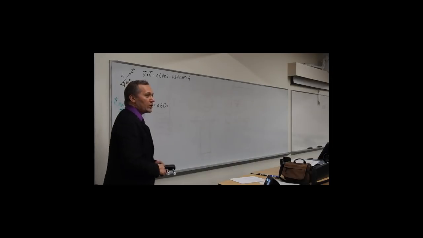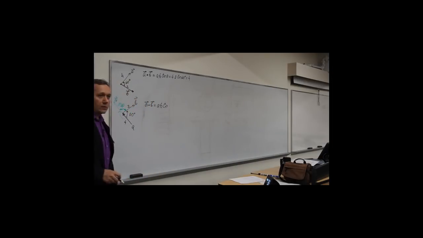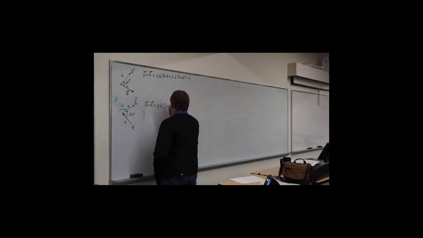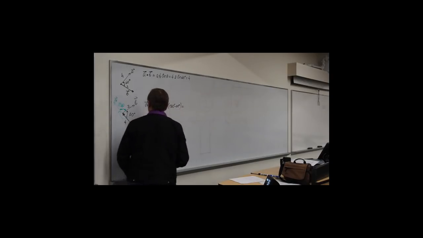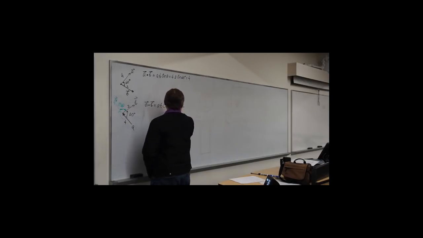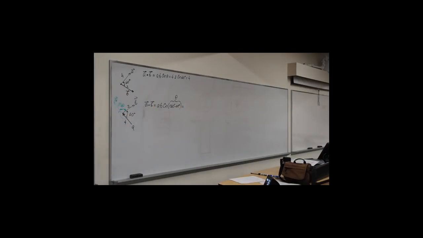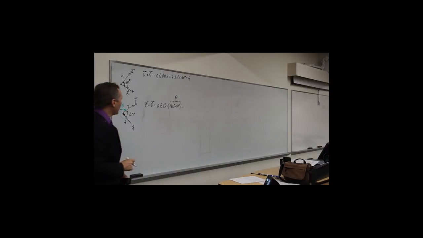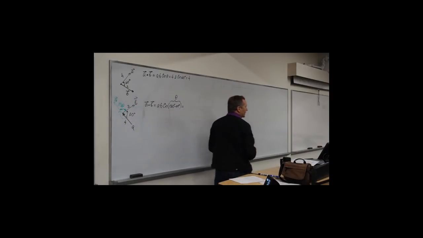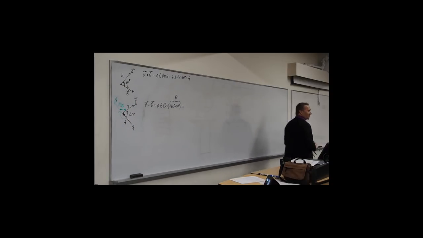So now, which angle? 120 degrees. It will be 180 minus 60 degrees. That is the angle, this is our angle theta. So cosine of 120 degrees, I also know, is minus 1/2.